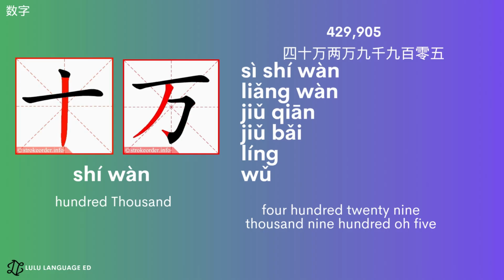So let's say 429,905. First think that there are 400,000s, so 4 pieces of 100,000s.